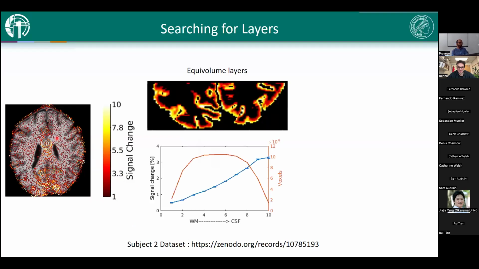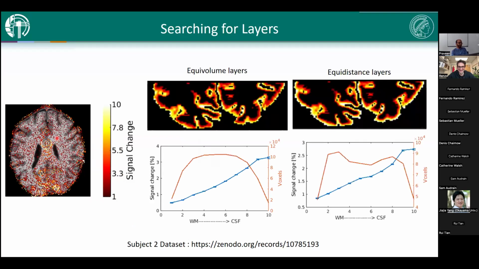So I tried both equivolume and equidistant layering after FreeSurfer segmentation. And as you can see from CSF to white matter, you see a similar drop, but the signal change is much lower. So for gradient echo, you have from 8 to 1% or something. Here, at least the slope is much lower.